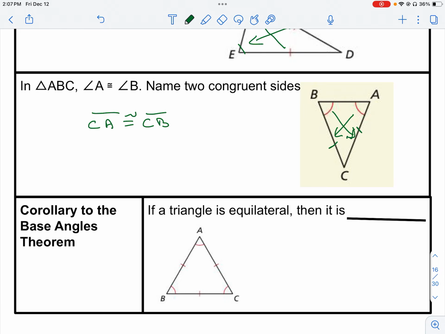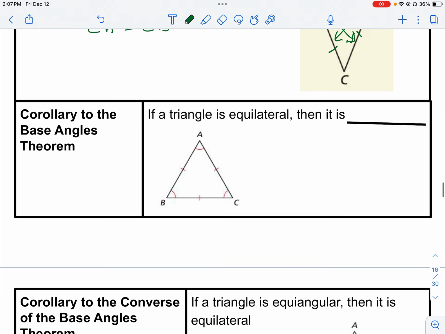All right. So a corollary to the base angle theorems, and we remember that a corollary is just a specific rule that matches the existing theorem, and we get to carve it out because it's always going to be true. If a triangle is equilateral, then it is equiangular.